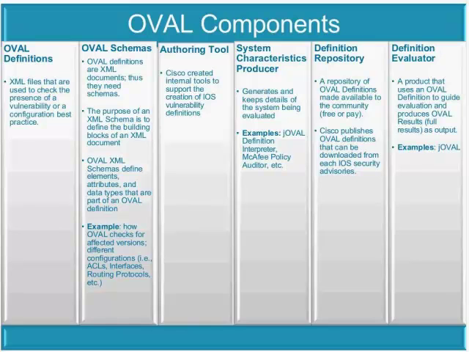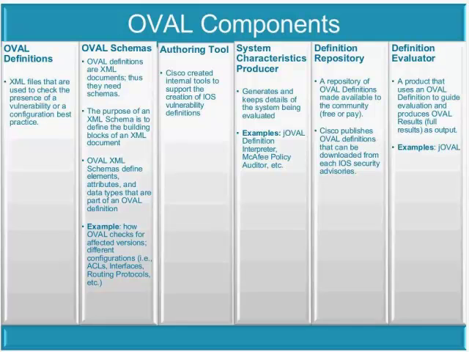OVAL has many components. I mentioned the definitions. Definitions are just basically XML files that are used to check the presence of the vulnerability or the configuration best practice on that device. Like any XML, of course, there are schemas. Those schemas are the building blocks, if you can call it like that, of those XML documents, and they define all the elements and attributes and data types that are part of that OVAL language definition.